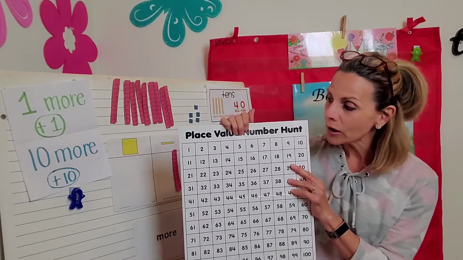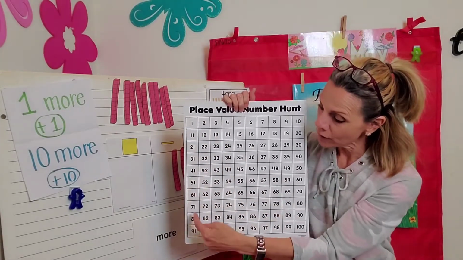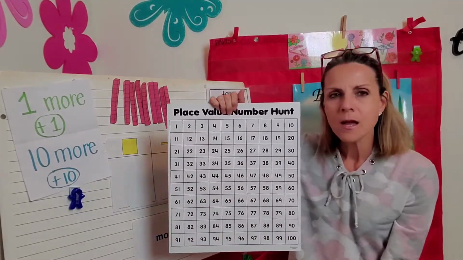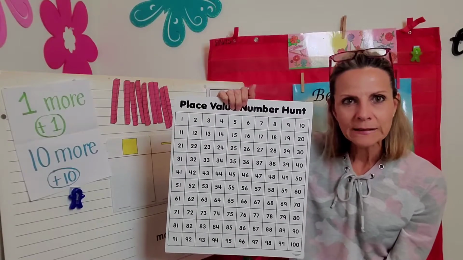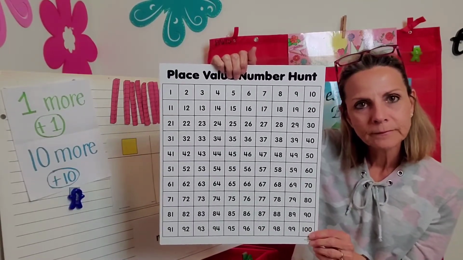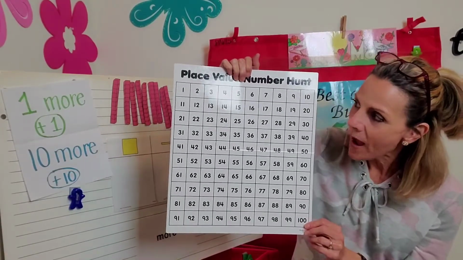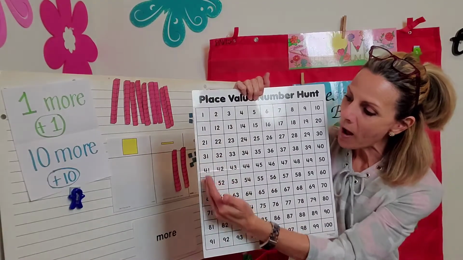And if I look on this 100 chart in a vertical fashion, I notice something different about my numbers. Look closely. What do you notice about each box?